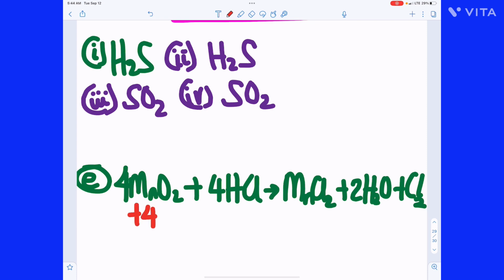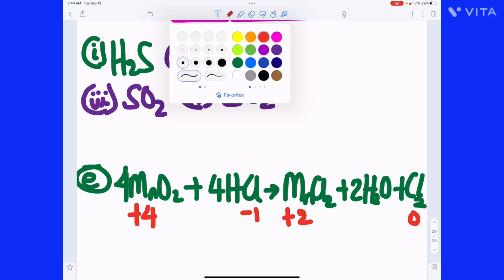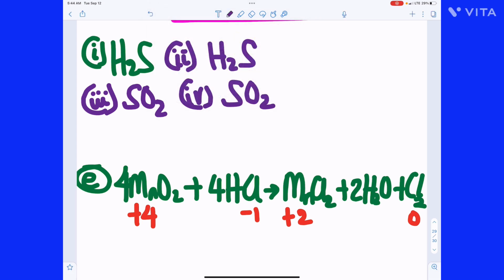Here, the manganese is +4. Here, this chlorine is -1. The manganese here is +2. The oxidation number of manganese in this compound is +2, and that of chlorine here is 0. So if you look at this reaction very well, this is a reduction. From +4 to +2 is a reduction.